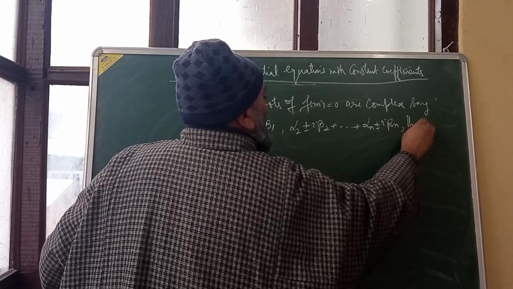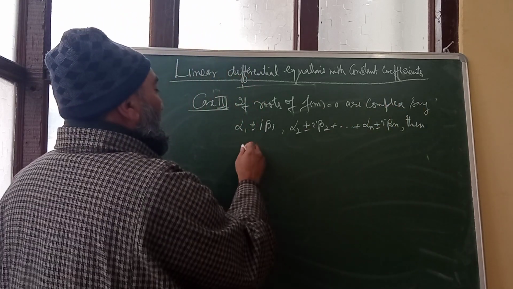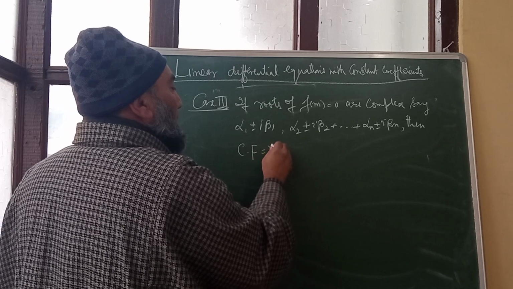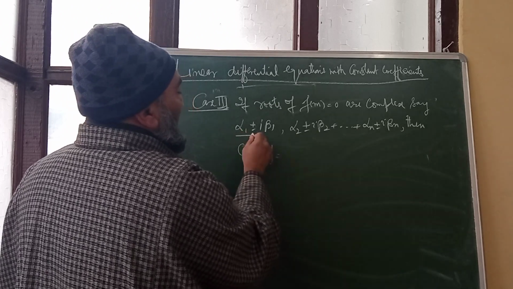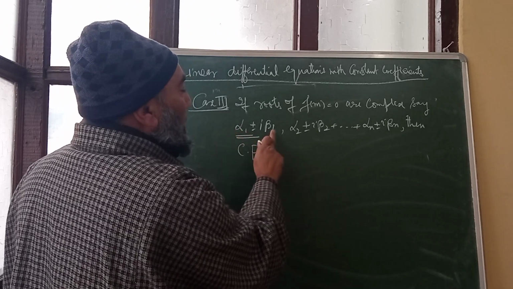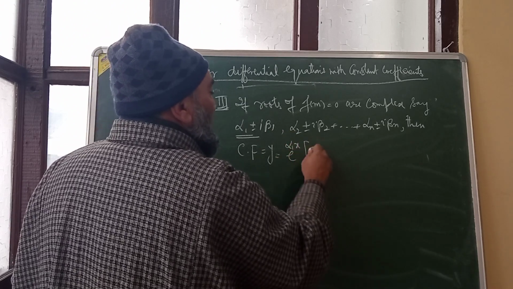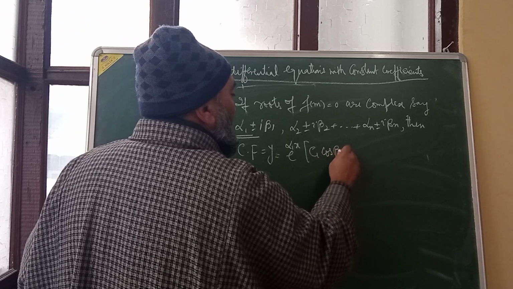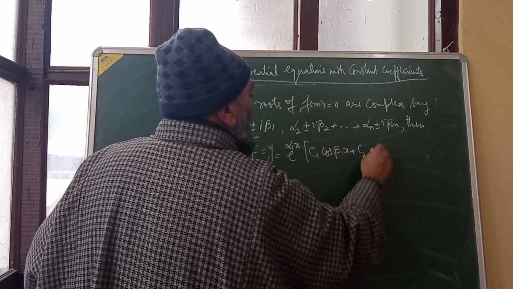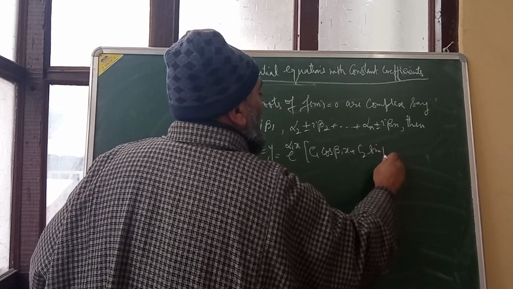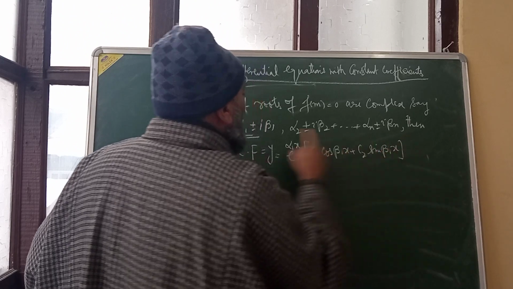Then the solution is given by, C.F., which is y in this case, is: first case, this is alpha 1, this is beta 1, e to the power alpha 1 x, (C1 cos beta 1 x + C2 sin beta 1 x). This is the first factor.